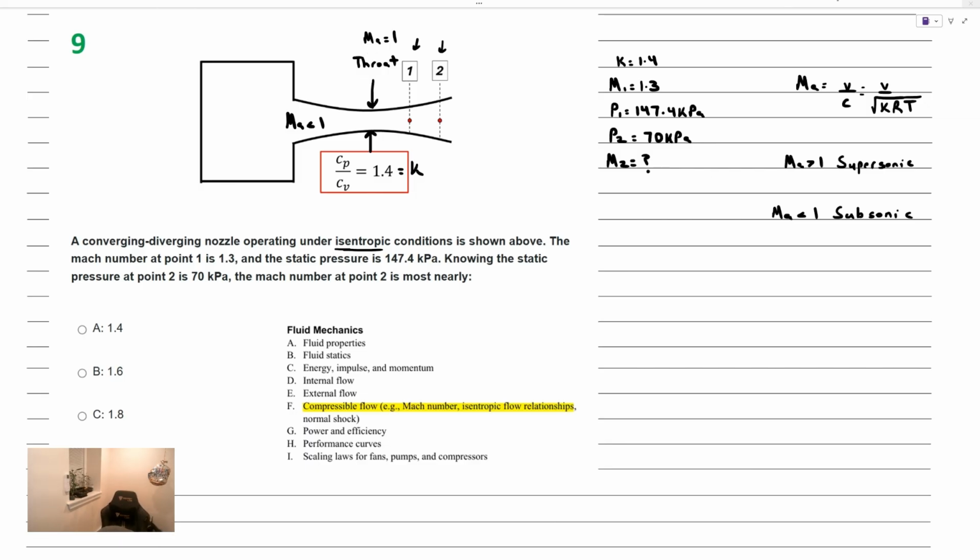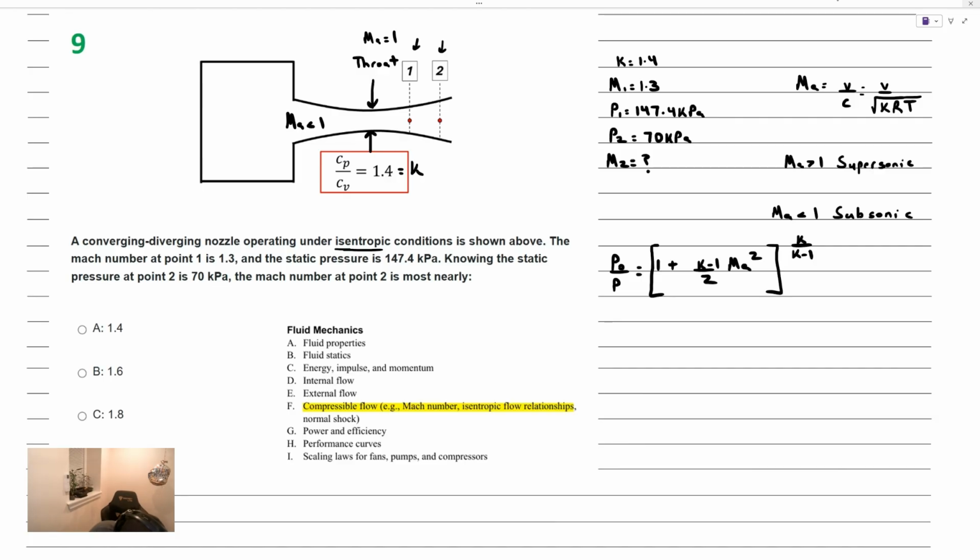So we have that the ratio of total to static pressure is equal to 1 plus k minus 1 over 2 multiplied by the Mach number squared, and we take this entire relationship and raise it to the k over k minus 1.